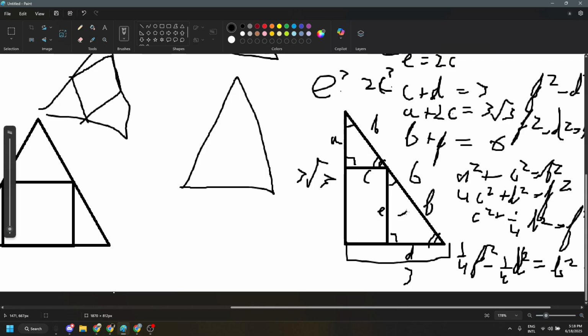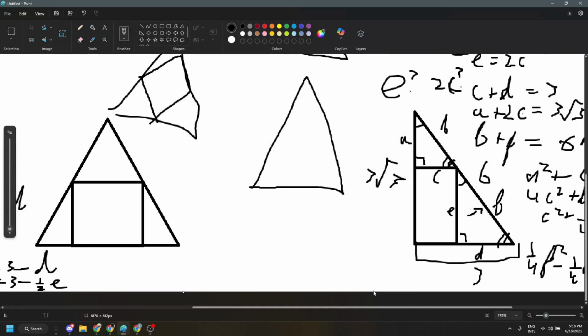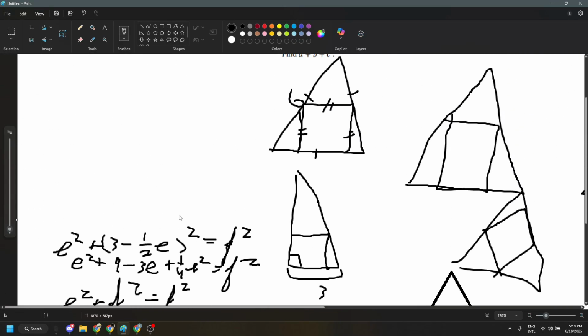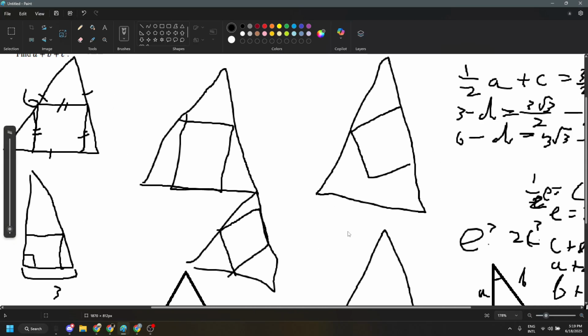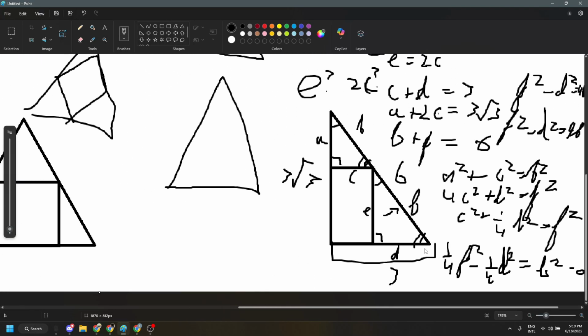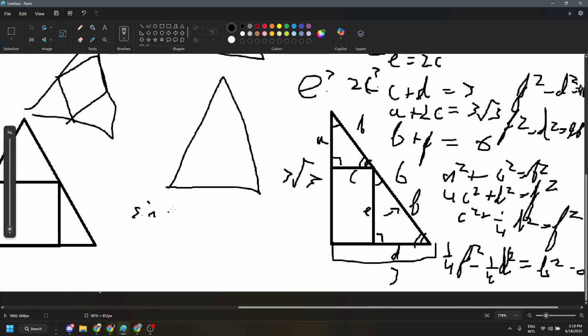Oh, these in and of themselves are 30, 60, and 90, so that will give us, that's the key. That is the key. So if we take sine of 30 degrees, SOHCAHTOA, no wait.